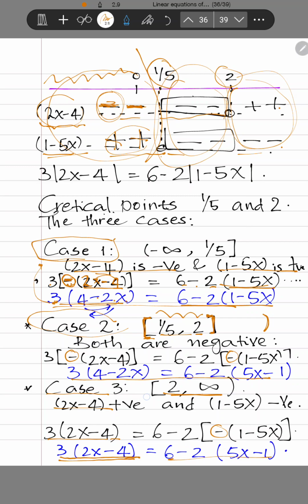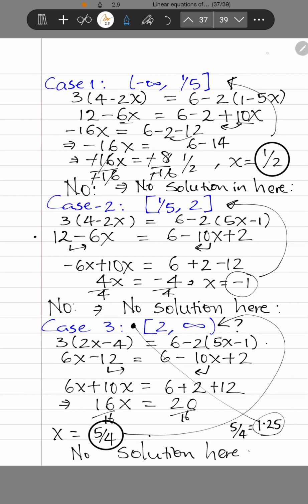The important thing is which region an equation belongs to. Within that equation, once we solve and get a number, we have to make sure that it is a member of the region or the domain. This is a key point here. So here are the 3 cases. Case 1, from negative infinity all the way up to 1/5.